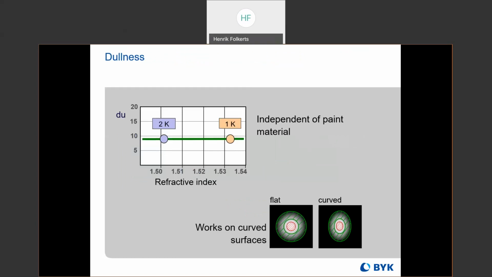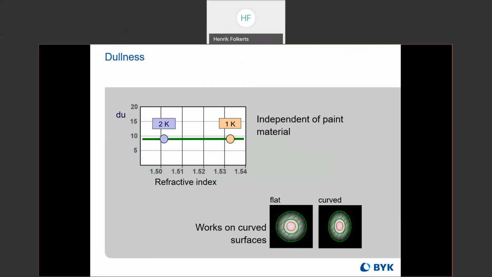One of the great things about dullness measurement, unlike gloss measurement, is that dullness is independent of the paint material. With gloss, different materials with different refractive indices can't be compared with each other because they're just going to measure differently. With dullness, that's not the case.